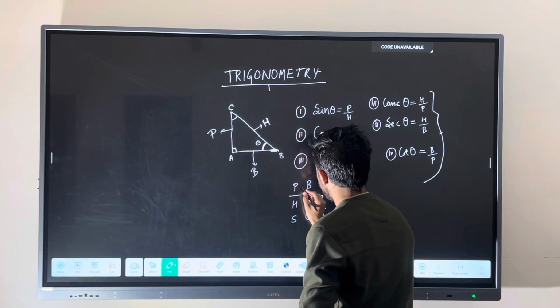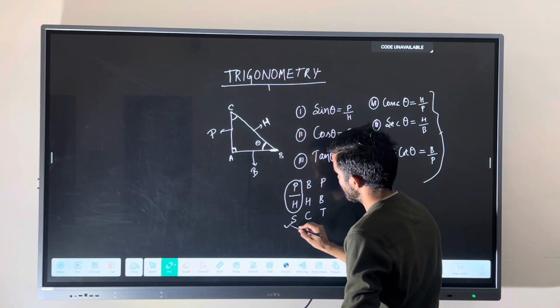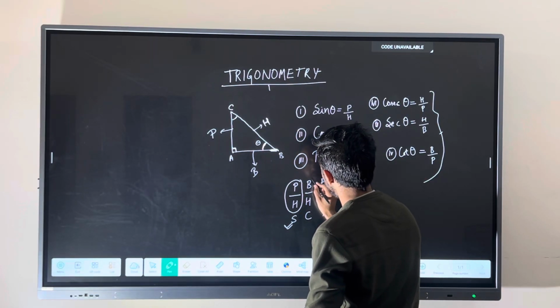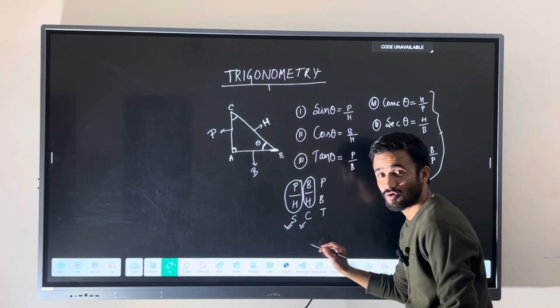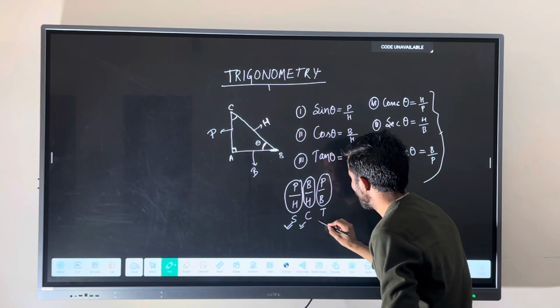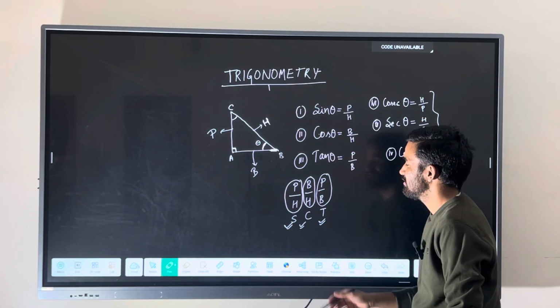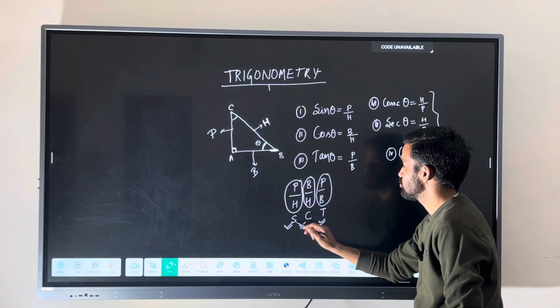That is perpendicular upon hypotenuse. What is perpendicular upon hypotenuse? Sine. Base upon hypotenuse. What is base upon hypotenuse? That is cos. What is perpendicular upon base? That is tan.